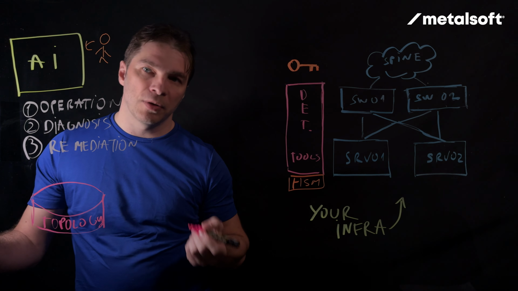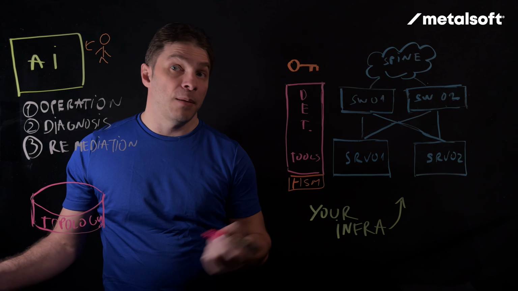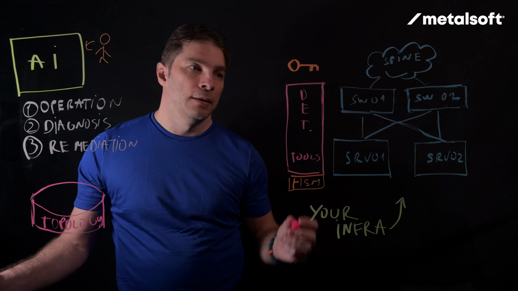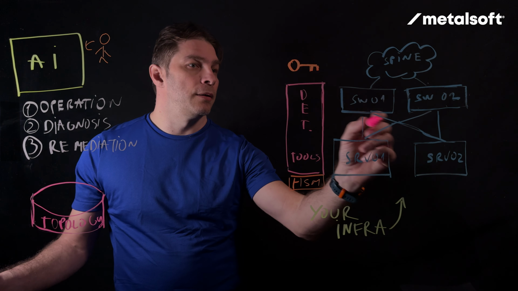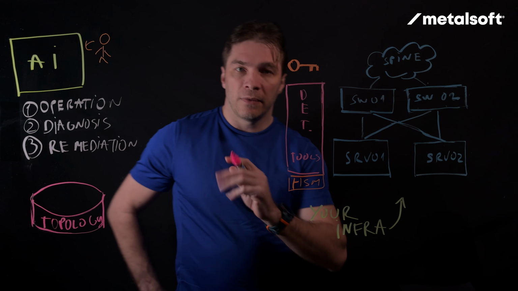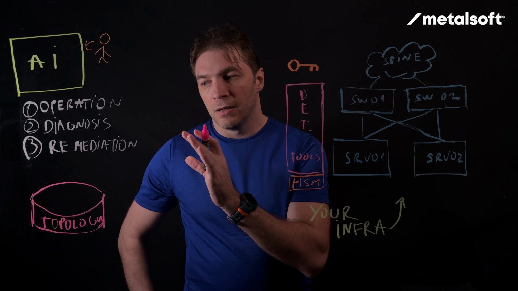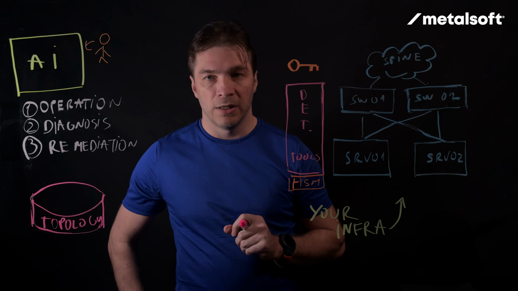So it's topology and equipment information or equipment inventory, basically cabling data. It's these wires here that describe how things are connected to each other. And this is a very important concept, and this is unfortunately missing in many organizations.